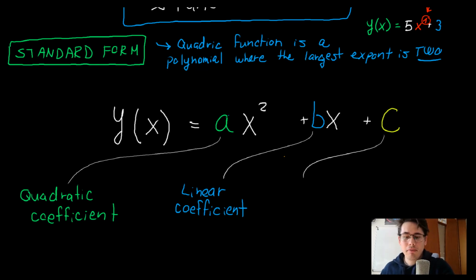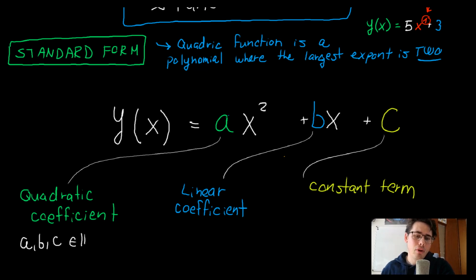And the last one is simply a constant term. And all of these 3 coefficients are simply real numbers. So put it mathematically, a, b, and c belong to all real numbers.